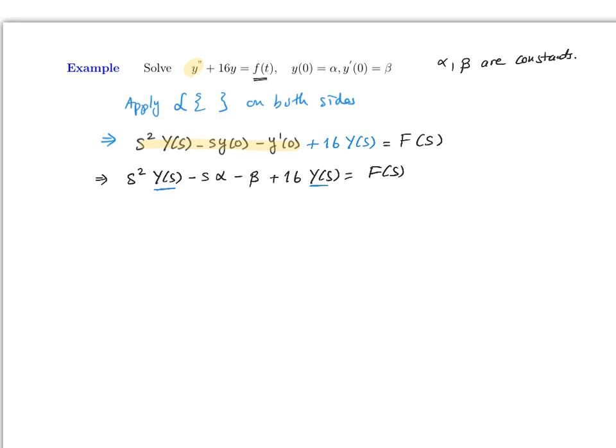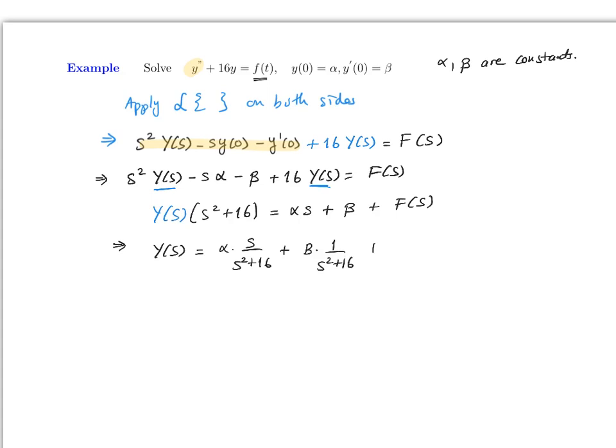Then if we factor the Y of s and move everything else to the other side, we end up with Y of s times (s squared plus 16) equals alpha s plus beta plus capital F of s, which implies that capital Y, the Laplace transform of y, is equal to alpha times s over s squared plus 16, plus beta times 1 over s squared plus 16, plus F of s times 1 over s squared plus 16.